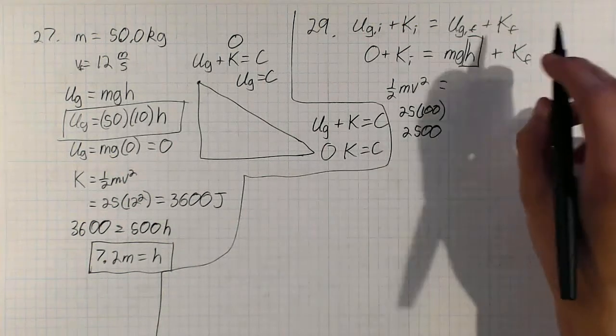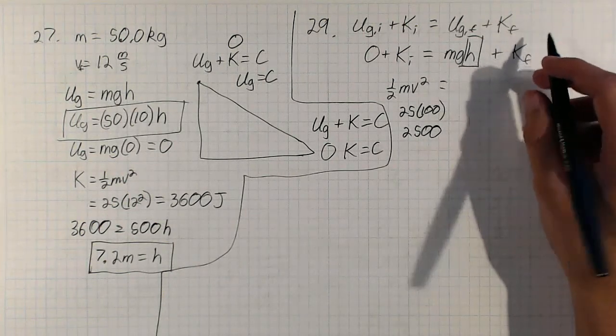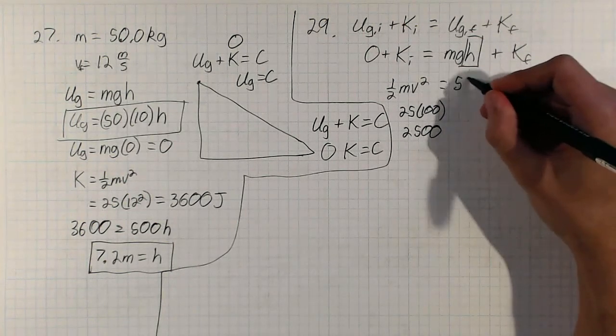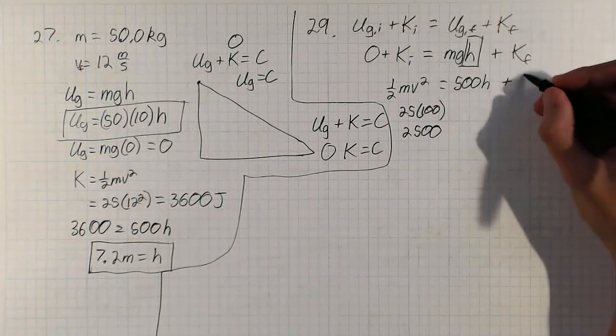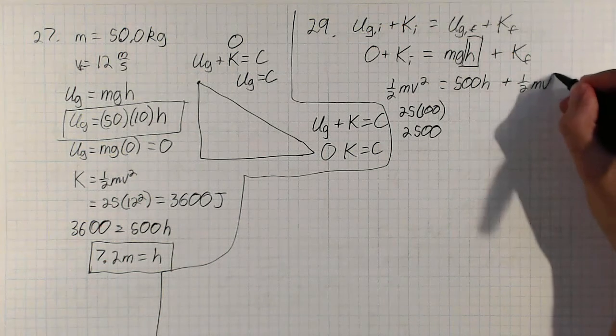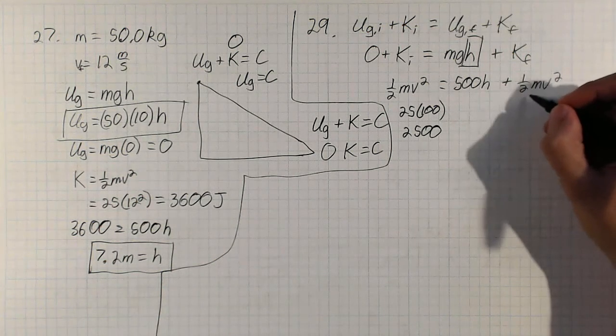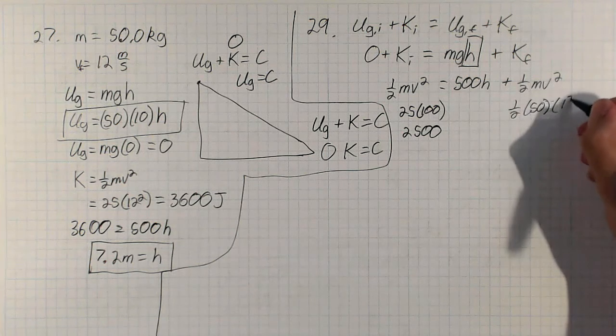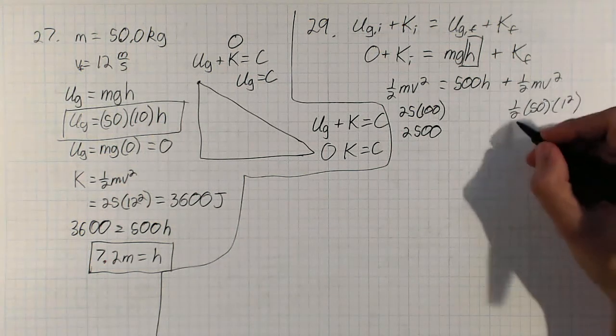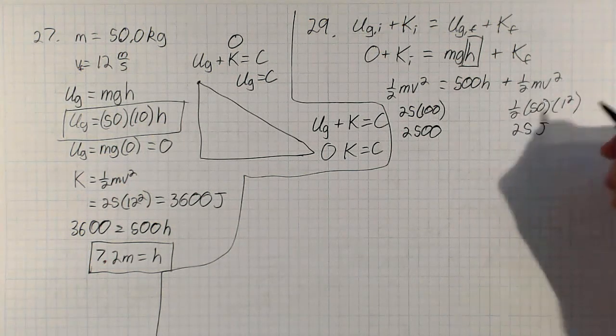Now we don't know h, but we do know that m is 50 kilograms and g is 10, so this is 500 times h, plus our final kinetic energy, which is 1/2 mv squared. The velocity is 1, mass is 50, so 1/2 times 50 times 1 squared, so we get 25 joules.